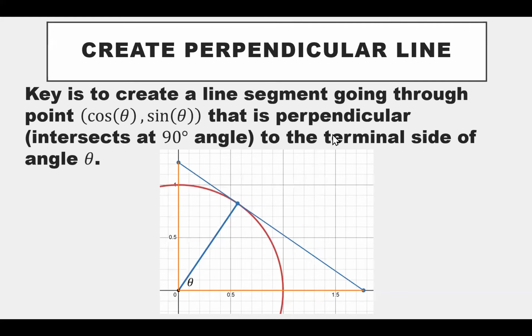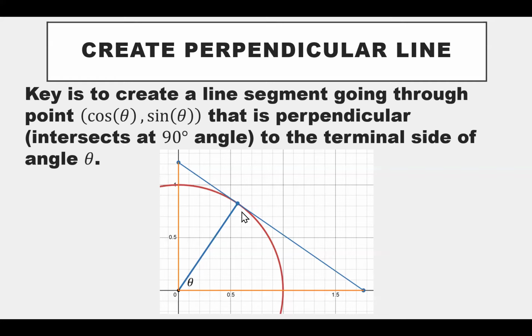The key to visualizing the other four trig functions is to create a line segment that goes from the x-axis to the y-axis through this point cosine theta, sine theta, that is perpendicular to the line segment from my origin to point cosine theta, sine theta.